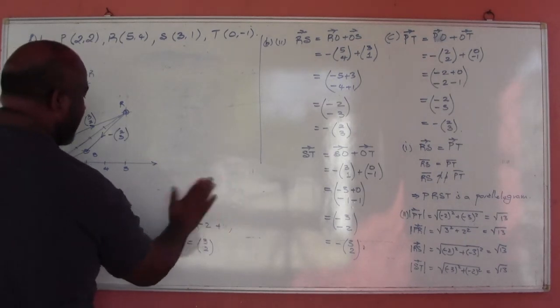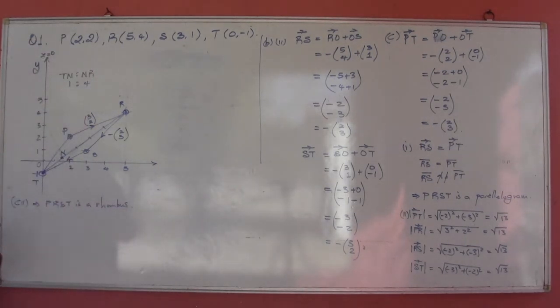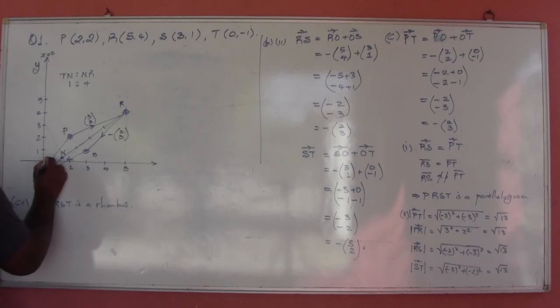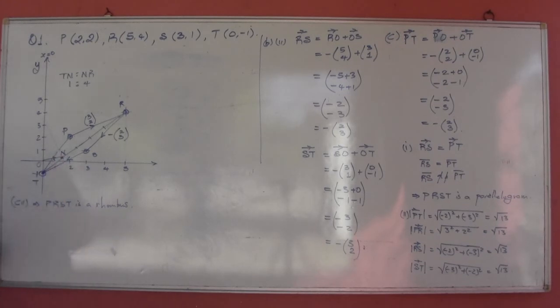First of all, let's find TN as a vector. We need the position vector of N. Remember, a position vector is a vector that is tied to the origin.